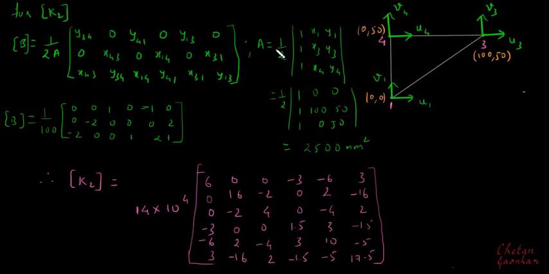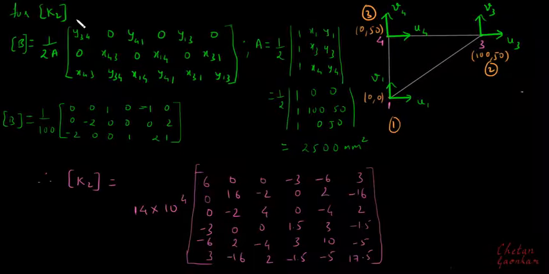The area is again the same, but now one thing which we need to check very carefully is that here our global node numbers were 1, 3 and 4, but the local node numbers again will be 1, 2 and 3, right? So wherever there were terms like y23, y31 and so on, that was in terms of the local node numbers.